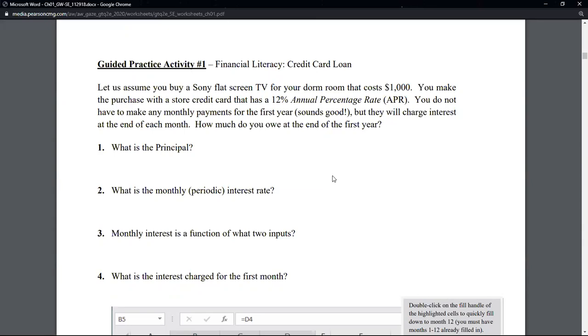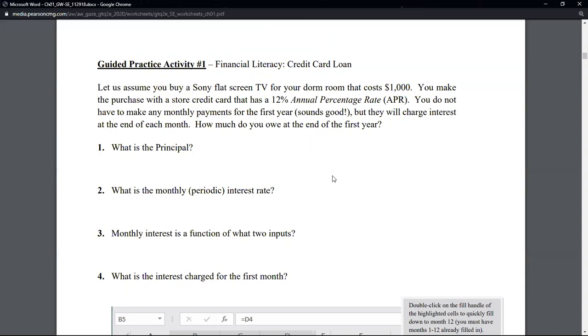Also, flat screen TVs are a lot cheaper now than when they wrote this book about 3 years ago. So, this is a really, really nice TV at this point to be $1,000. So anyways, you make the purchase with a store credit card that has a 12% annual percent rate.